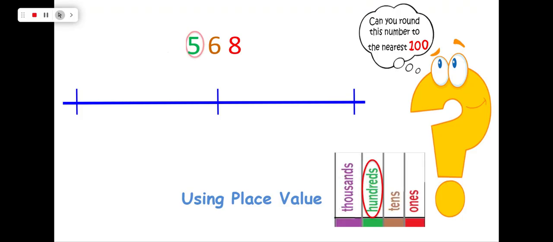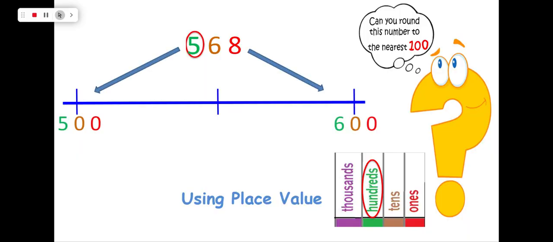We know that the nearest 100 is going to be either 500 or 600, because 568 is in between 500 and 600. 550 is right between 500 and 600. So would 568 be before or after 550?